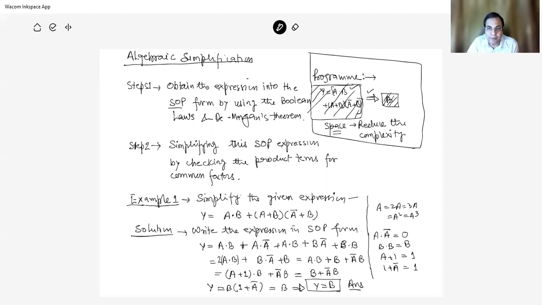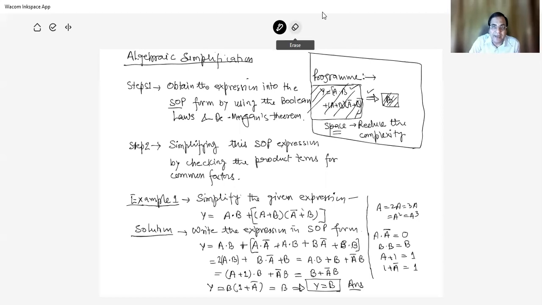We multiply to take it outside the bracket: A multiply with A bar, A multiply with B bar, B multiply with A bar, and B multiply with B bar.